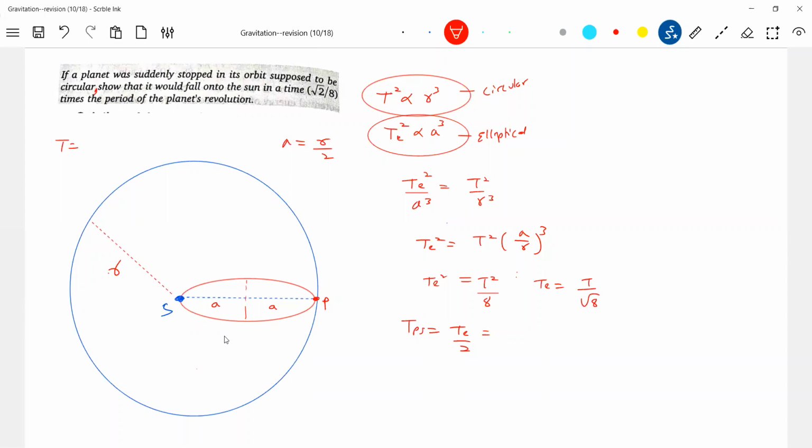Substitute now, this will be T by 2 root 8. Agree with this? I think you can further adjust it to T by 4 root 2.